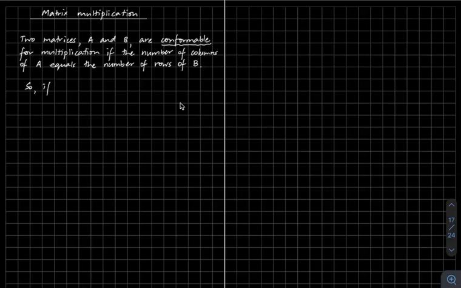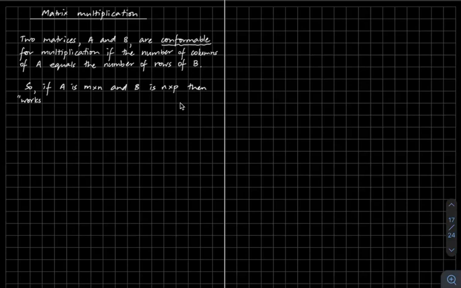So let's say we have matrix A is an M by N matrix, that's its size or order. And let's say B is an N by P matrix. Well, because the number of columns in A, which is the second number there, the N, is equal to the number of rows in B, the N being the first number, then we can say that this works.